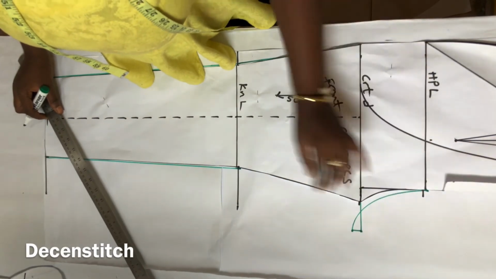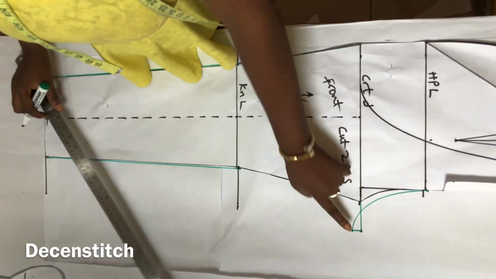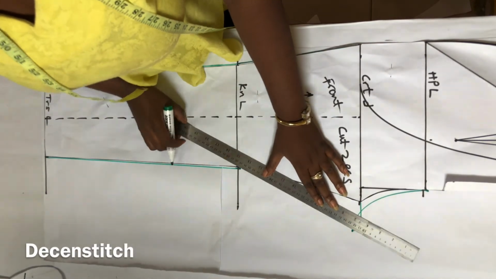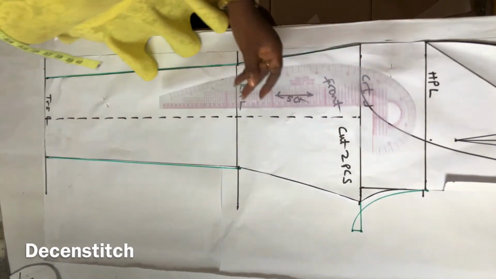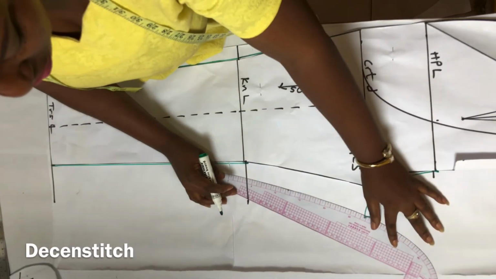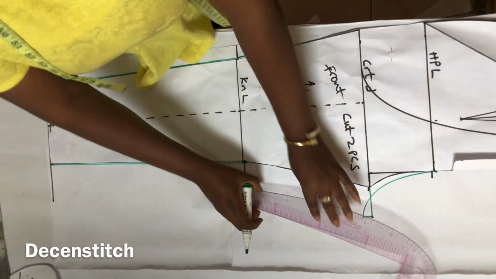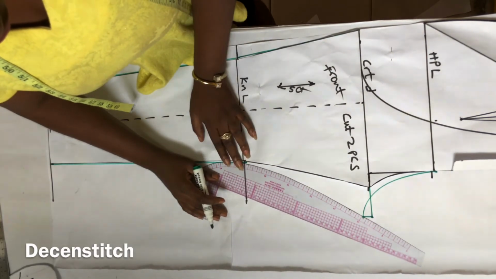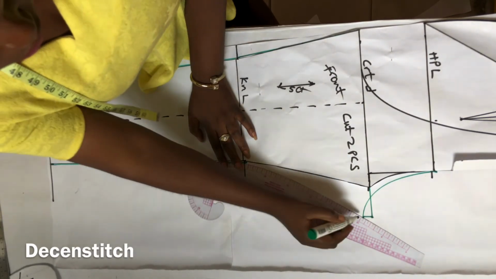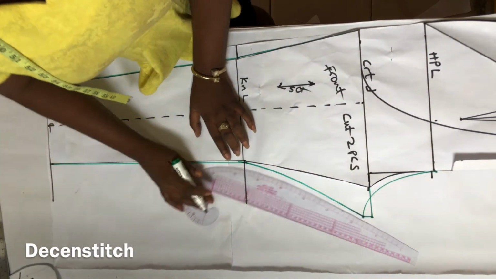I'll connect it to the tip of this curve. I won't be using a ruler. I'll use a French curve, using a very light curve. You curve it well into the line, let it blend well.